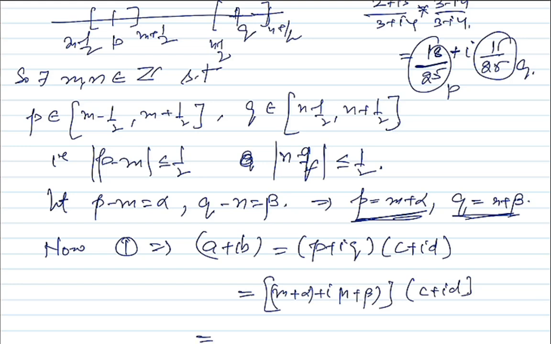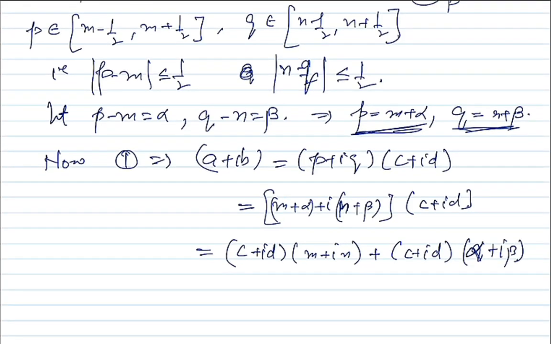So what do you get? c plus eta d into m plus eta n, and plus c plus eta d into alpha plus eta beta.